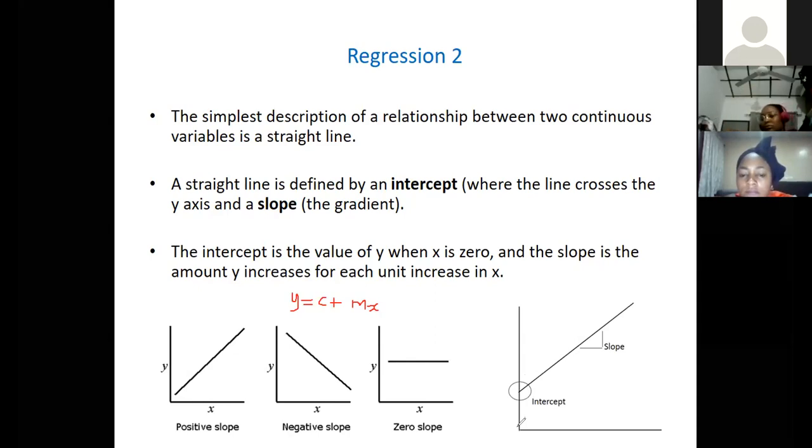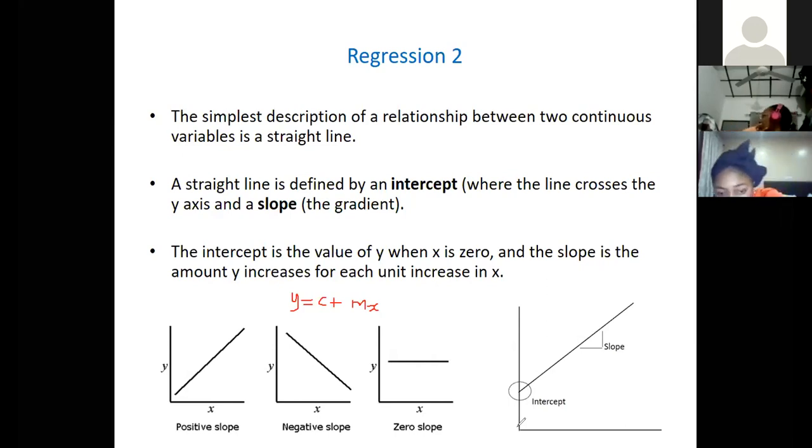The intercept is about where it crosses y. x is the independent variable that is determining y. So whenever x is 0, that shows that x has no value. y still has value. That's why they call it constant. Even when x is not there, the value that is there, that's why they call it constant.